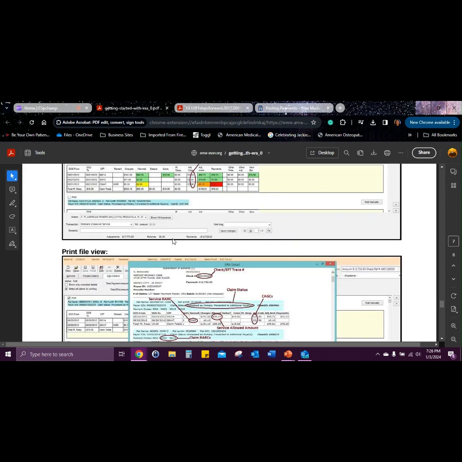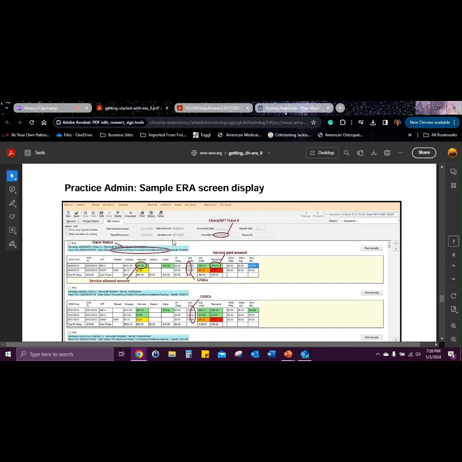And then lastly, I just have a few other examples here of an ERA screen display. And this is a little bit different than the other one I showed you because everything is different, especially if you have a billing system that brings in things electronically from the clearinghouse. Depending on how that's formatted, that's also going to look different too.